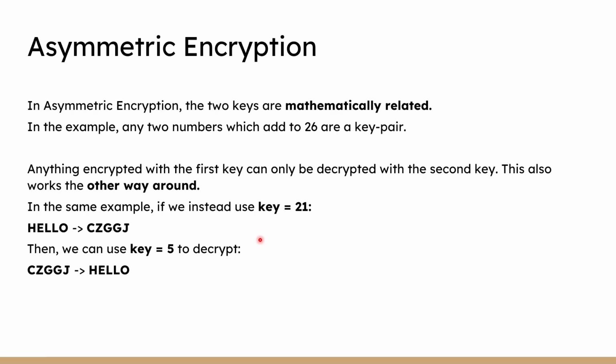So you can use them the other way around, but it must be one key and then the other. You can't use the key of 21 to encrypt and then use it to decrypt. That just won't work. You have to use the first key, then the second key, or the second key, then the first key.